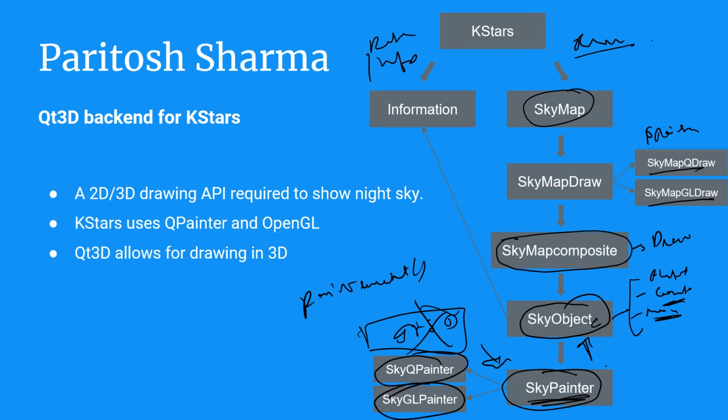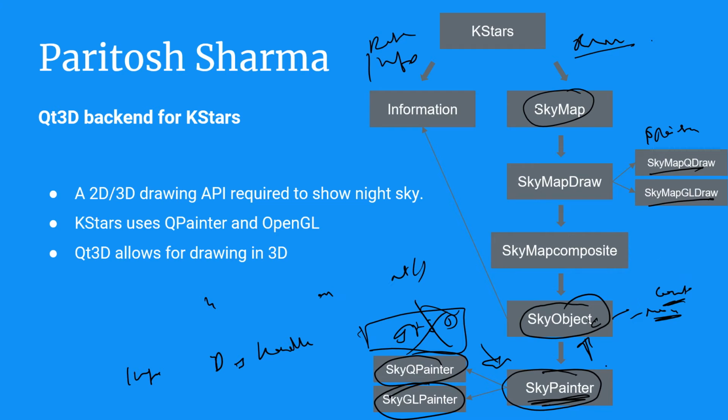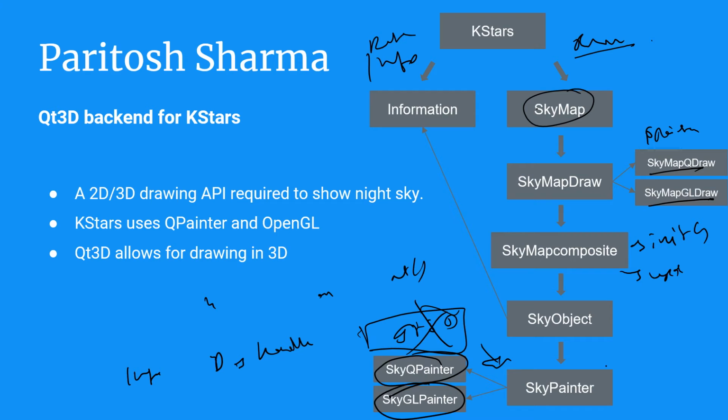The reason behind this is that Qt3D utilizes something known as a scene graph as its drawing principle, which basically means you have to give all the information to Qt3D and it will handle the drawing. Thus, the only solution to this problem is having both initialization and update draw calls in SkyMap composite.